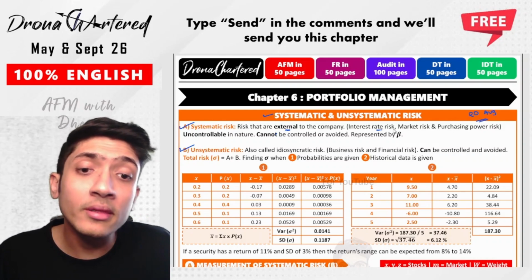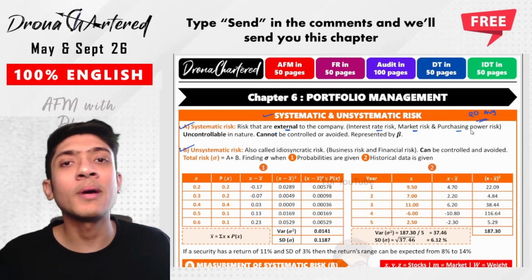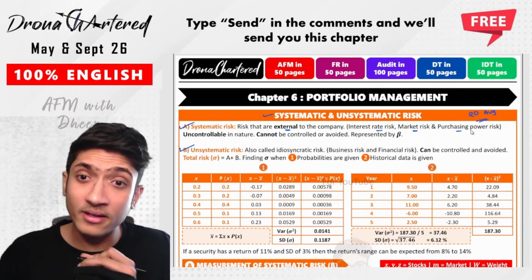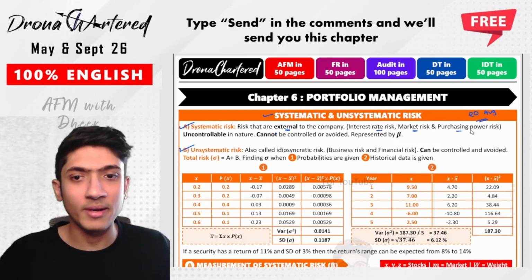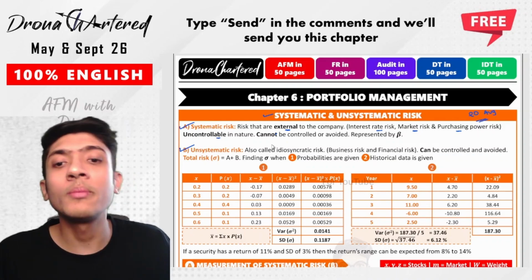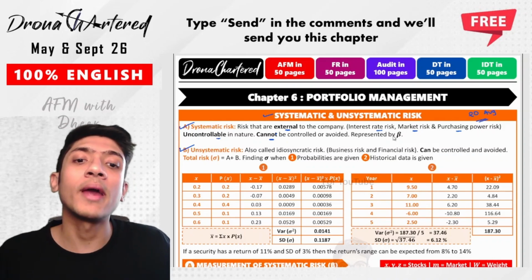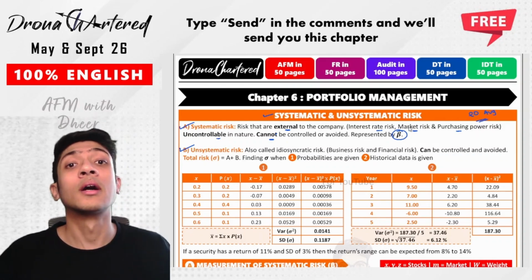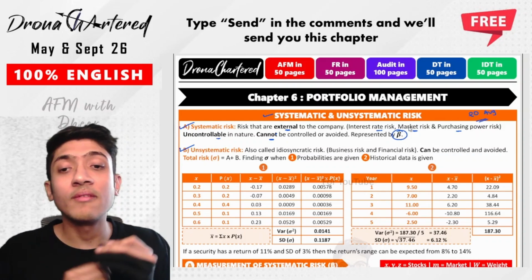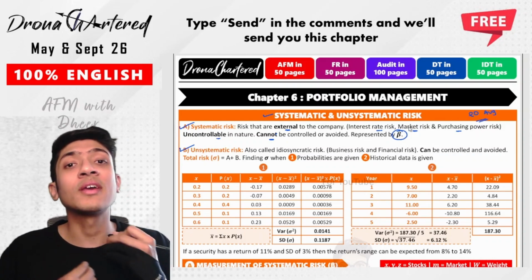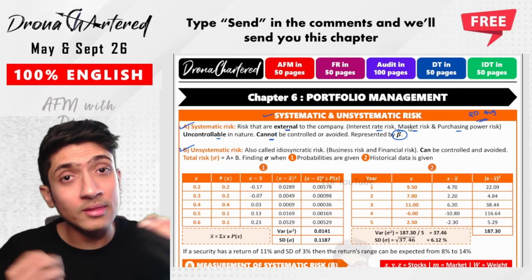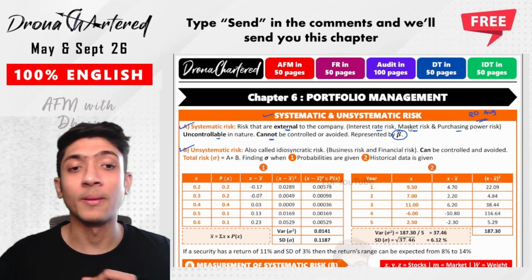For example, interest rate risk, market risk, purchasing power risk: all of these are external to the company, that is, systematic risk. It is uncontrollable in nature and is represented by beta. So whenever a question mentions beta, we are referring to systematic risk, the risk that is external to the company.